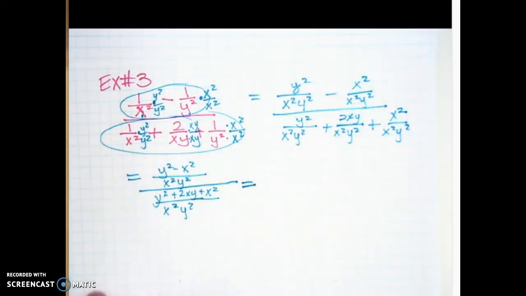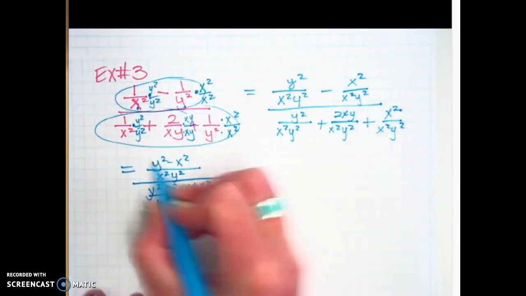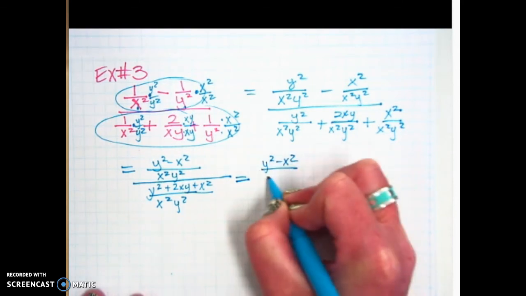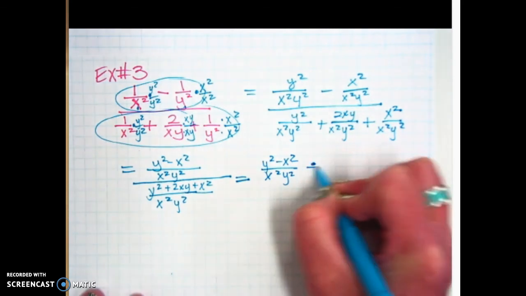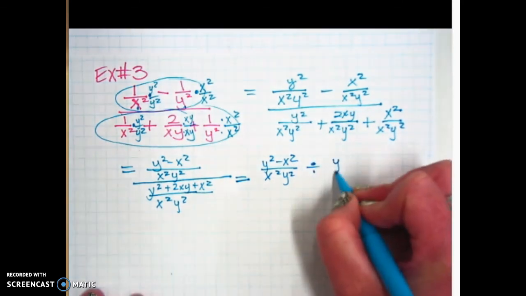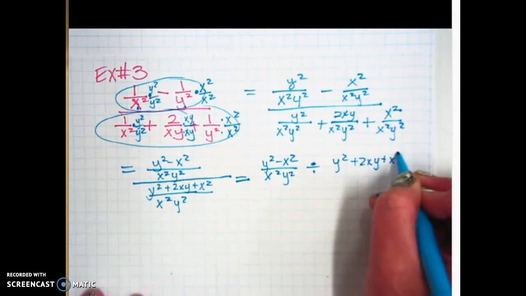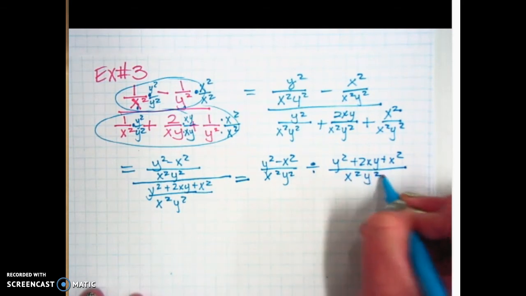So when we go to simplify it, first we're going to change it to a division problem, and then I'm going to invert and multiply and change it to a multiplication problem. So let's start by writing the y squared minus x squared over x squared y squared, divided by that denominator, y squared plus 2xy plus x squared, over the x squared y squared.